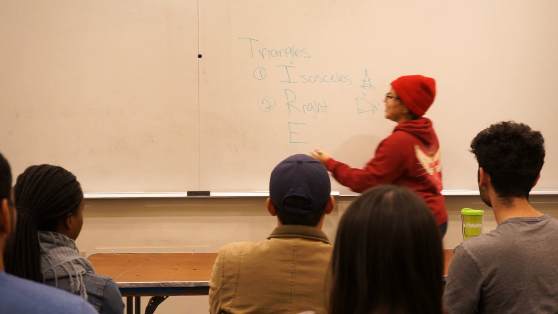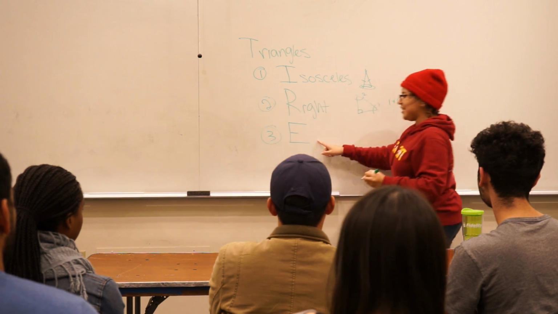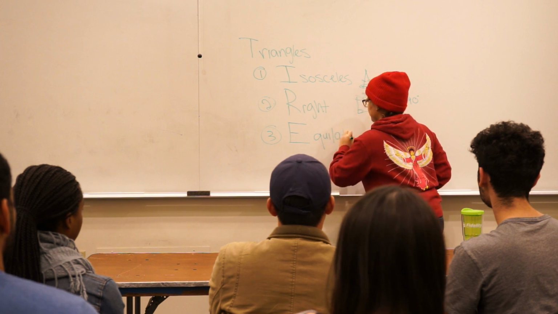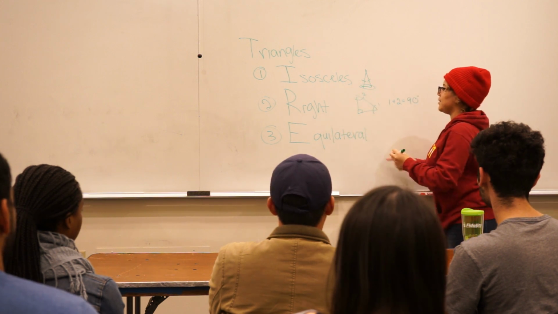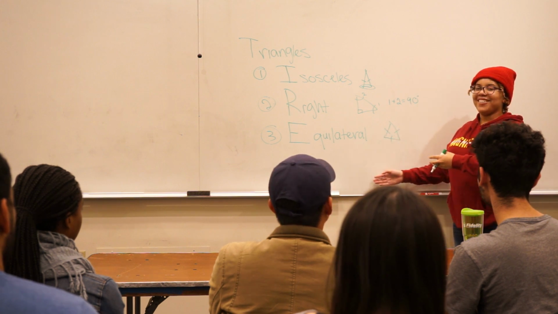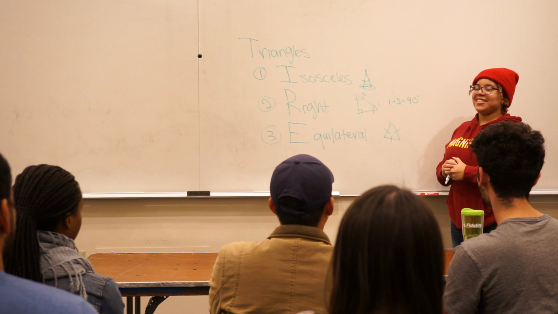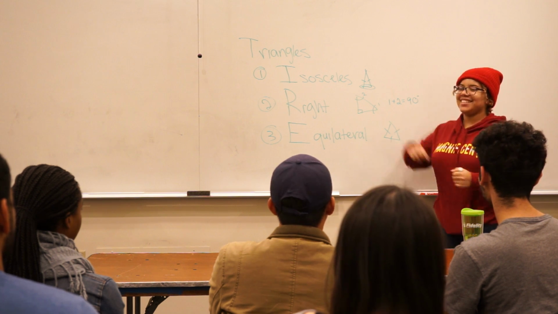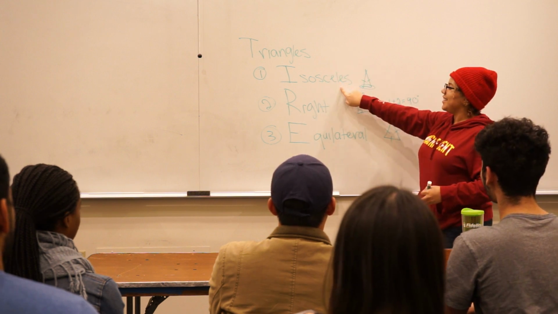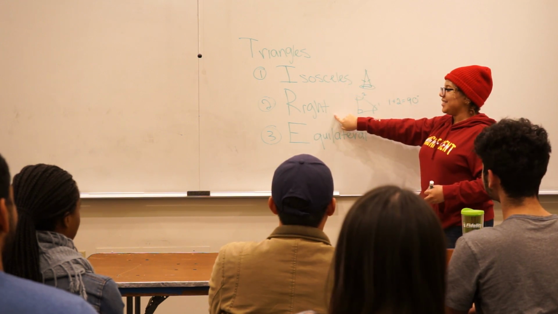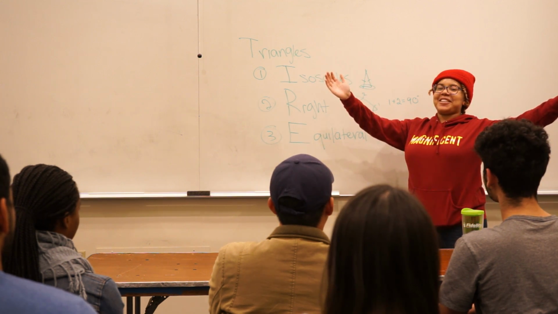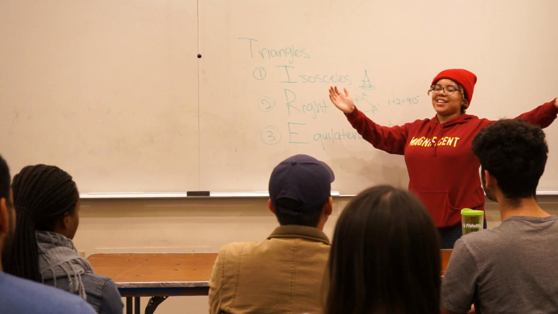And this letter is the third, E for equilateral, because the 3 sides of the triangle are all equal. So now, do you want to say it with me, class? Let's go through TIRE. Triangles, Isosceles, Right, Equilateral. Great. So now we know a little acronym so we can remember all of our triangles that we just learned.